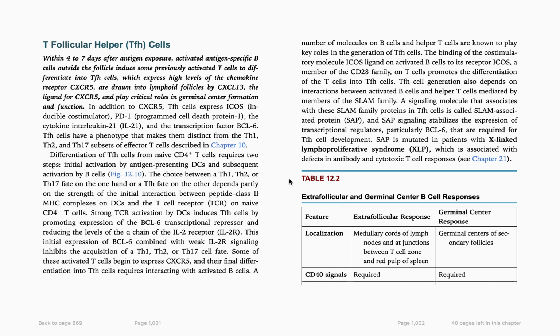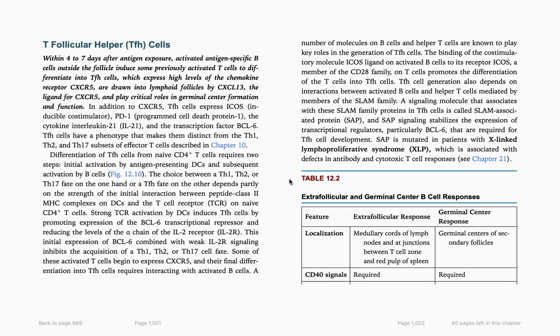A strong T cell receptor activation by dendritic cells induces T follicular cells by promoting expression of the BCL6 transcription factor and reducing the level of the alpha chain of the interleukin 2 receptor.